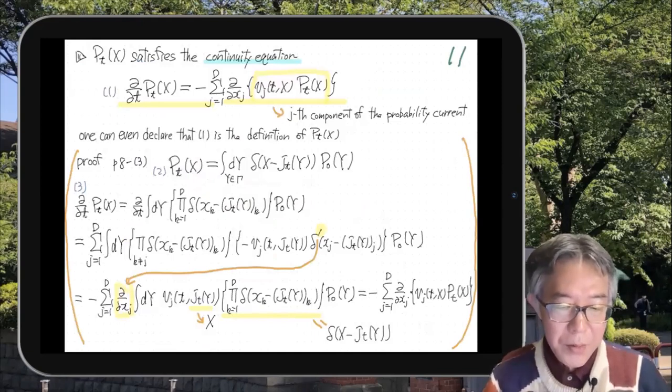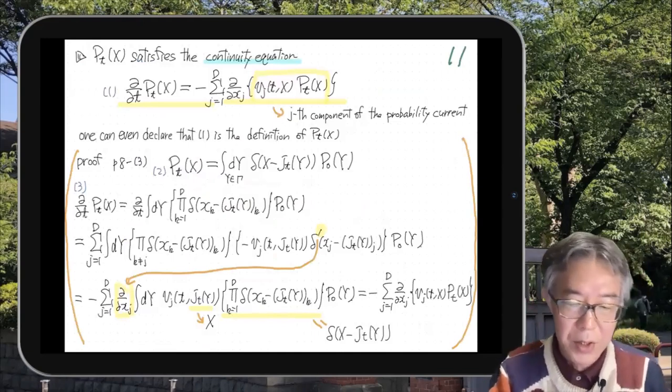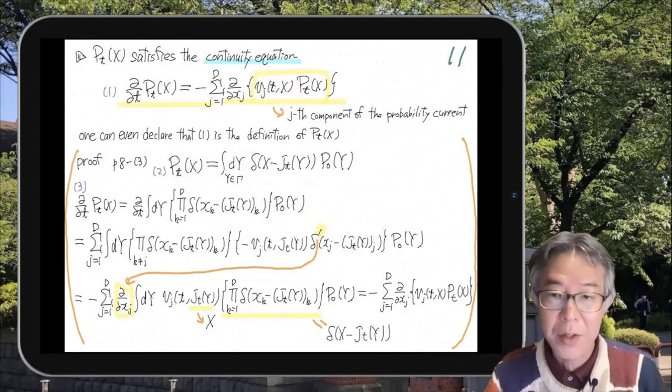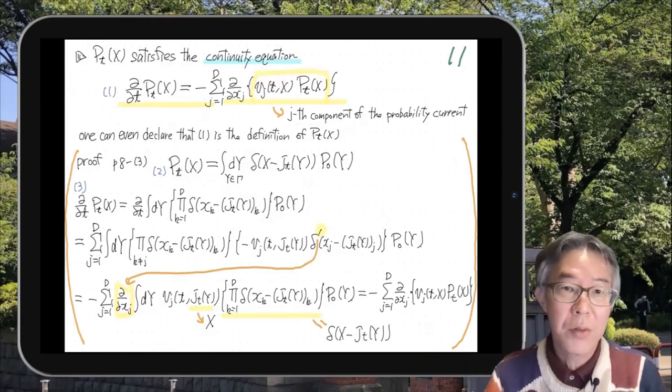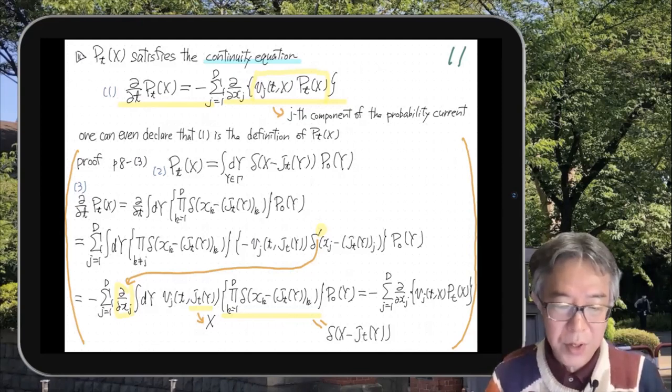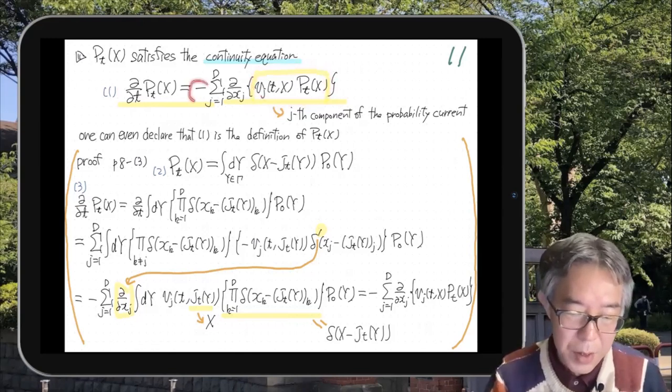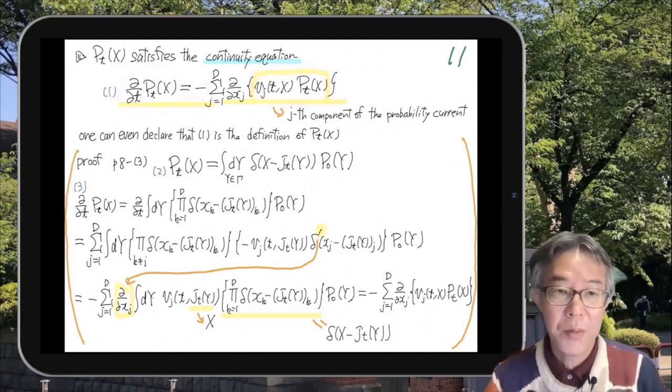And I first argued that this P_t(x) satisfies a very familiar equation called the continuity equation. You have seen this in many places like electromagnetism, fluid mechanics, even in quantum mechanics. So whenever you have a preserved quantity, you have this continuity equation. Okay, and in this case, the probability is conserved, and you must have this. So this is basically the j-th component of the probability current, and you take the divergence, minus, and then this is equal to the time derivative.